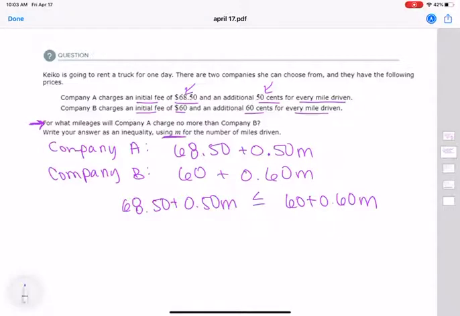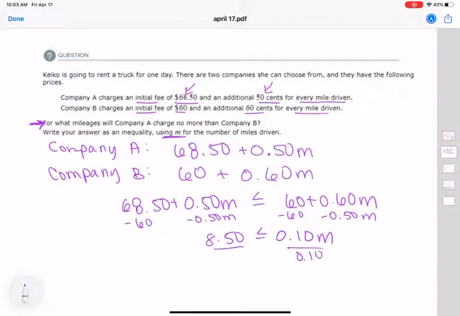The first thing I will do is subtract 60 from both sides. At the same time, I'm also going to get all of the m's over to one side, so I'm also subtracting 0.50m from both sides. When I do that, I'm left with 8.50 is less than or equal to 0.10m.